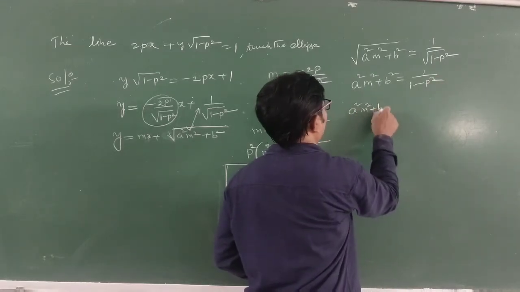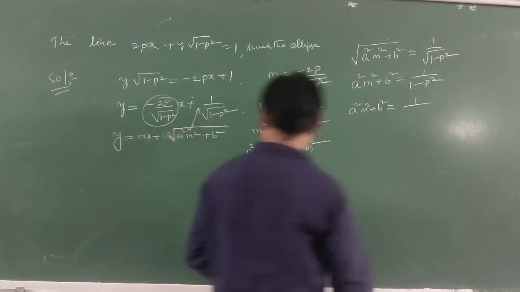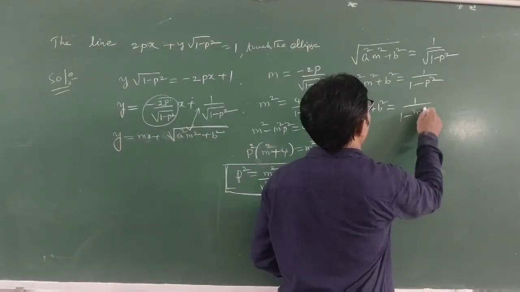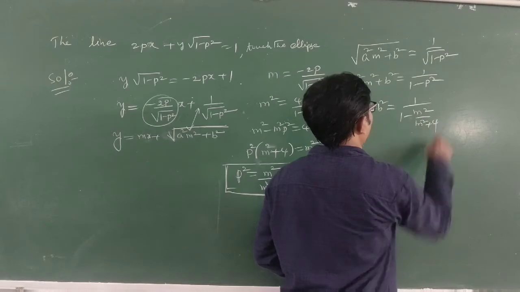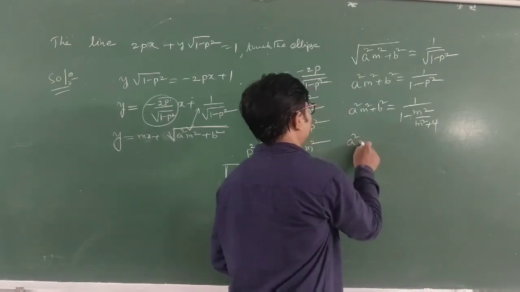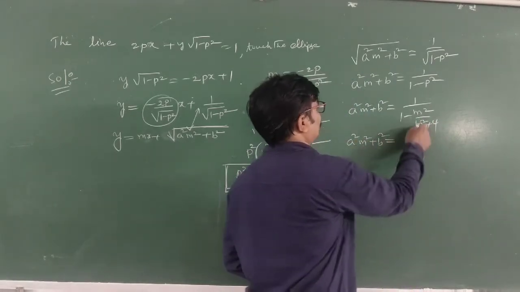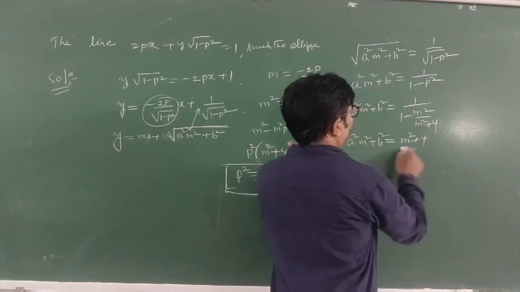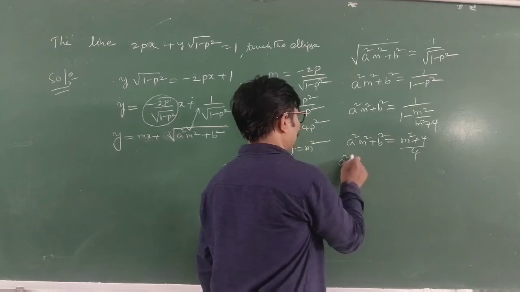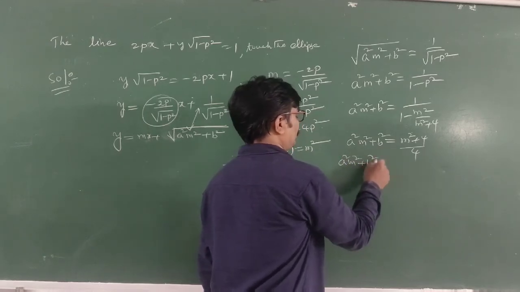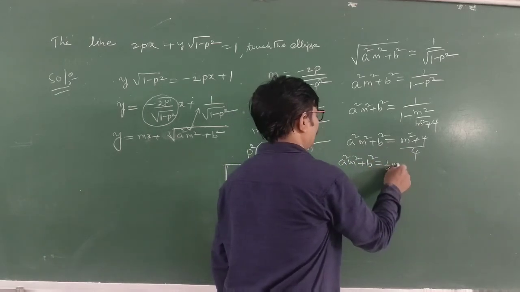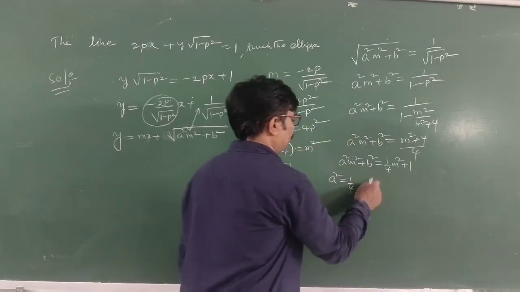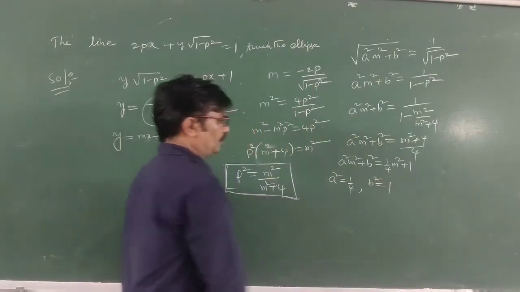How can you write this? 1 minus p square is m square by m square plus 4. This is a square m square plus b square equal to m square plus 4 upon 4. So a square m square plus b square is 1 by 4 m square plus 1. a square equals 1 by 4, b square equals 1.